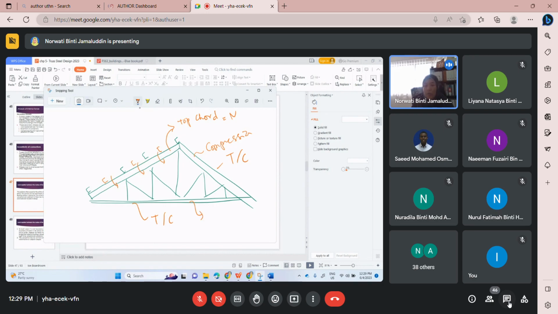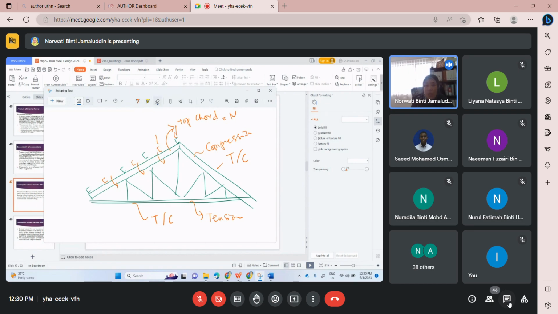Under normal load condition, the bottom chord will be in tension. Remember I said because of the load here, this one will compress as it moves downward, and this one will elongate, so it will be in tension. Remember the terminology from yesterday?